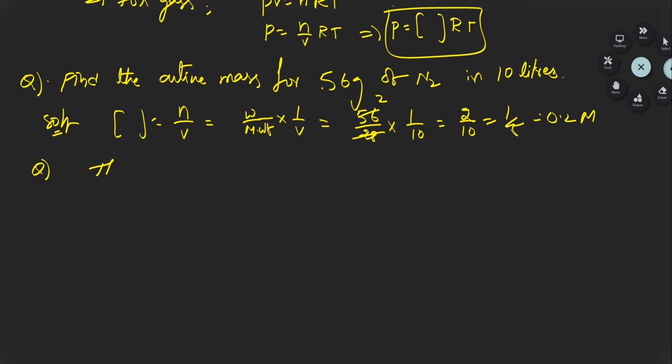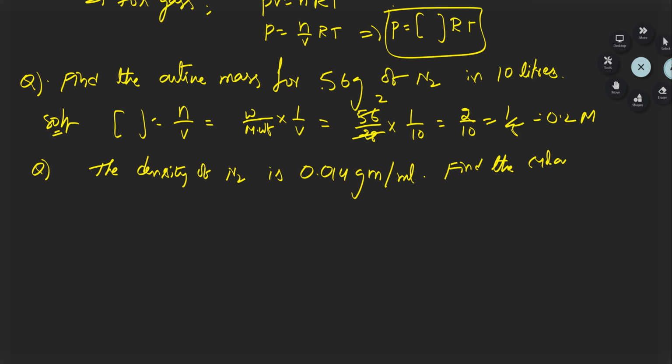So the density of N2 is 0.014 gram per ml. Find the molar concentration of solution. Molar concentration of solution, what is the formula?